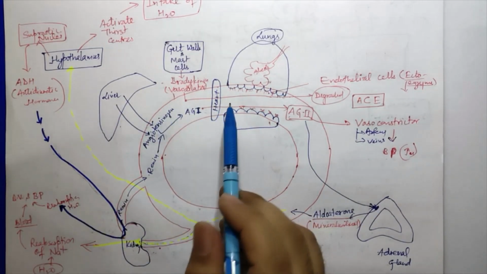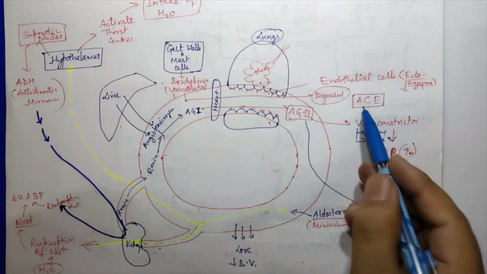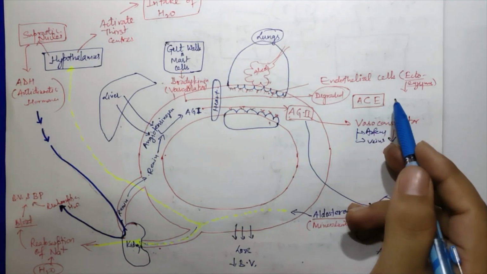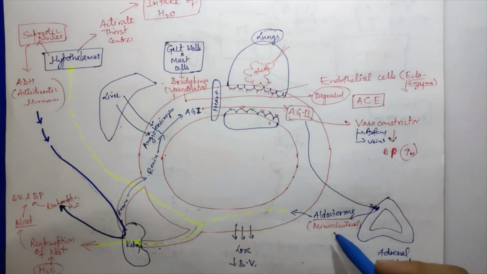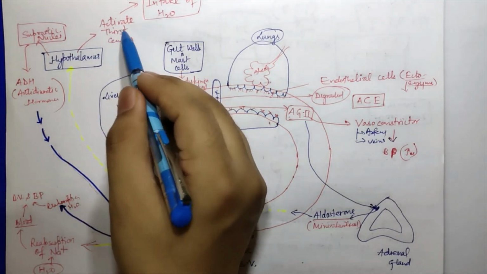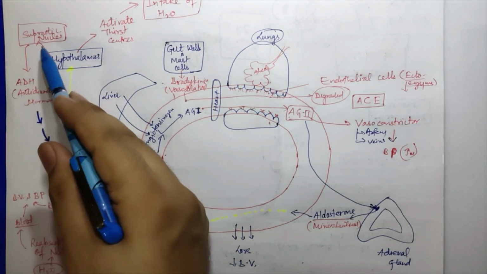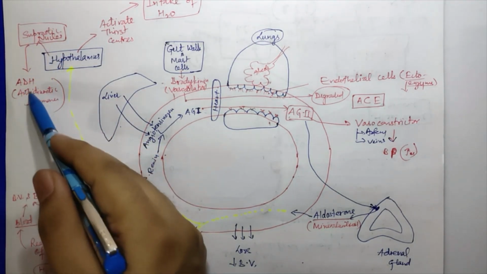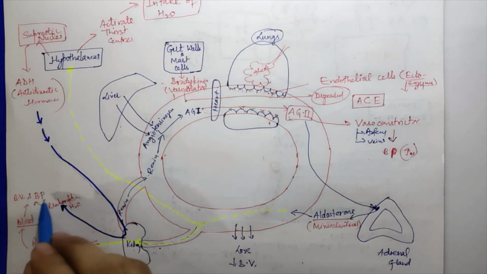So this is all about the renin, angiotensin, aldosterone system, where there is an interplay of renin from the kidney and angiotensin from the liver, and the role of angiotensin converting enzyme, which helps in conversion of angiotensin 1 into angiotensin 2, and ultimately they stimulate the adrenal gland to synthesize and secrete aldosterone into the main circulation, and further it triggers the reabsorption of sodium ions in the kidneys, and also triggers your thirst centers, and intake of water is enhanced, and they also stimulate the supraoptic nuclei to secrete a large amount of antidiuretic hormone that helps in reabsorption of water, and ultimately normal blood volume and blood pressure is maintained.